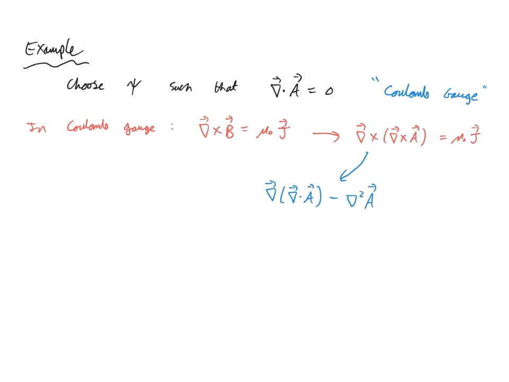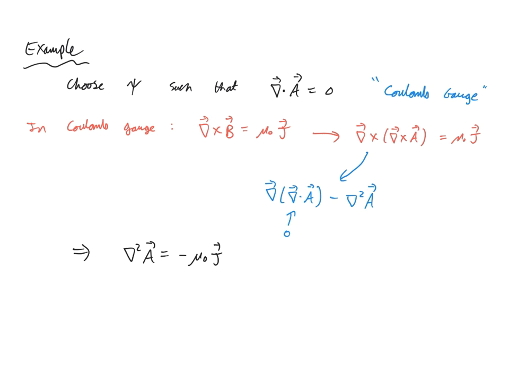Okay, so that's not obvious, you just have to look that one up. But of course, in Coulomb gauge, this term here is equal to 0 because the divergence of the vector potential is equal to 0 in Coulomb gauge. And so what we're left with is that the Laplacian of the vector potential is equal to minus mu naught times the current density J.